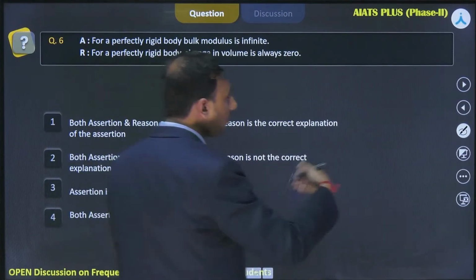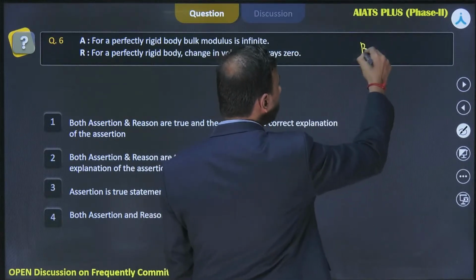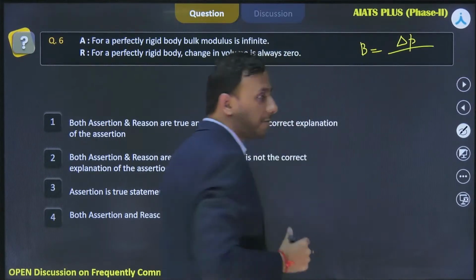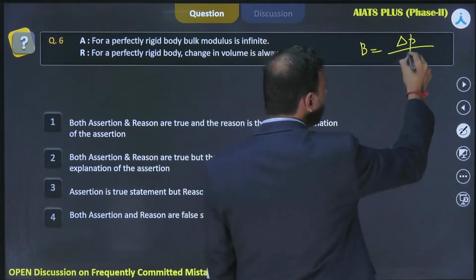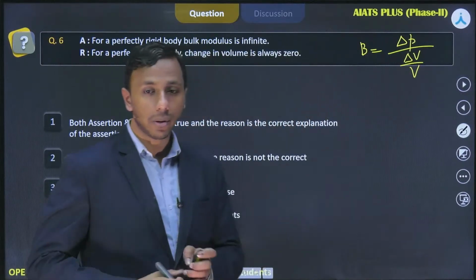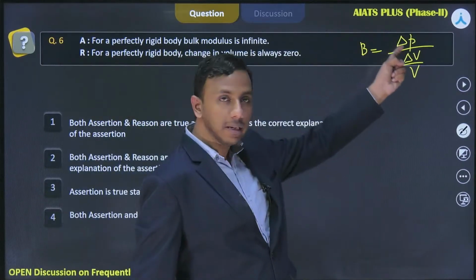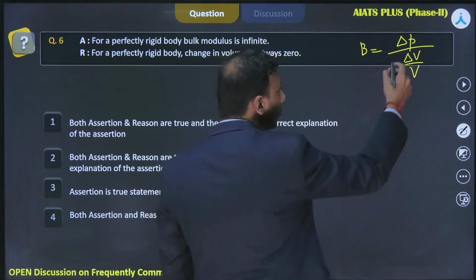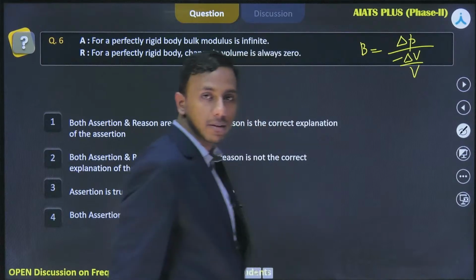And we had also discussed the formula for bulk modulus, isn't it? So what was the formula? Change in pressure upon fractional change in volume. So fractional change in volume like this, but with a negative sign. Okay, why negative sign? Because if you increase the pressure, volume will decrease, right? So here we put minus sign over here.